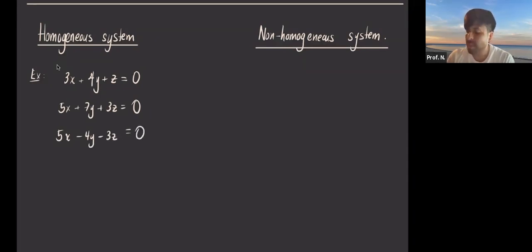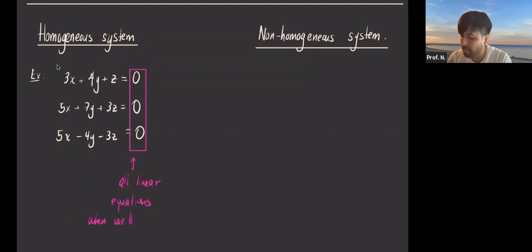A homogeneous system is when every equation that you have has a 0 at the end. That's what a homogeneous system is. So all linear equations, when written in standard form, equal 0.